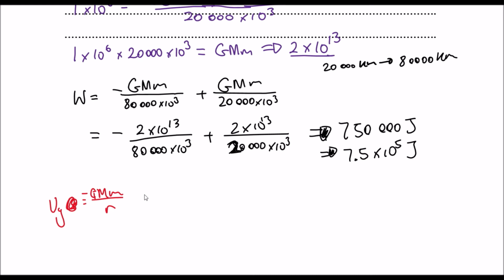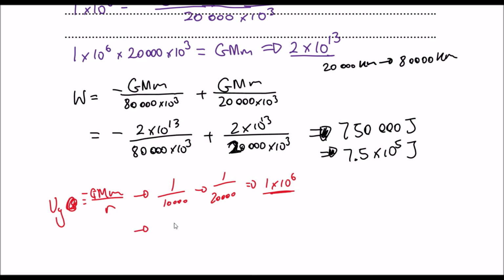In the first scenario we had, from 10,000 kilometers to 20,000 kilometers, it gave us that amount of work being done.